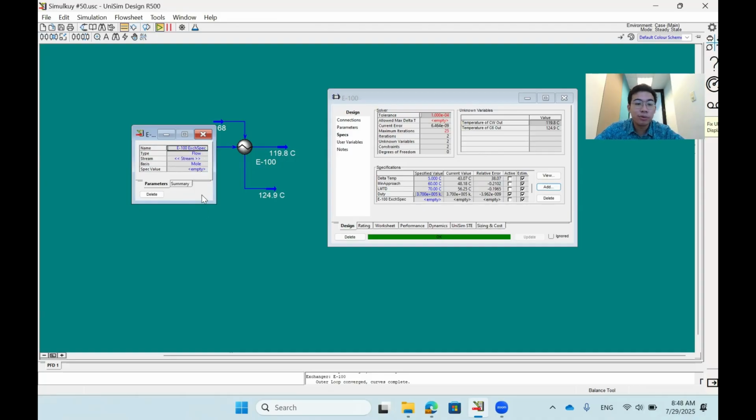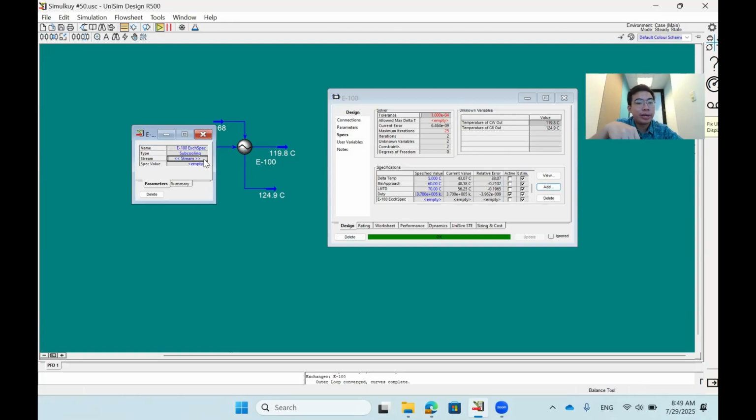Next thing is about flow. If you want to specify the stream flow, we can use this. It is also rarely used. And then subcooling. This means that if you want to make the stream subcooled by how many degrees.